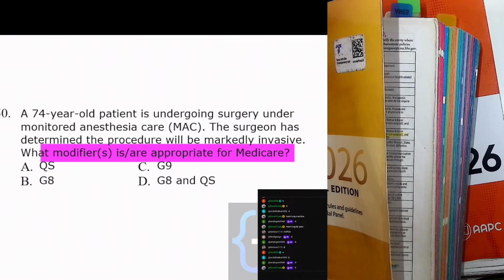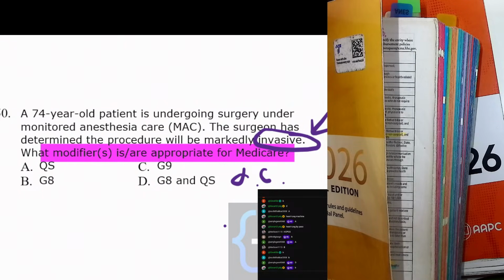A patient who is undergoing monitored anesthesia, sorry, that is invasive. That word means deep, complex.